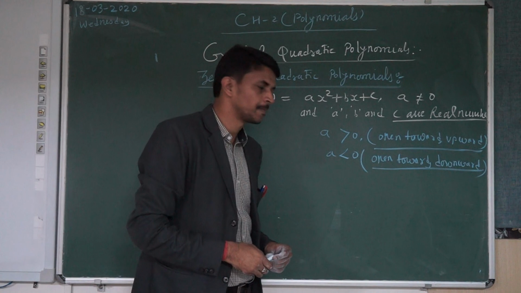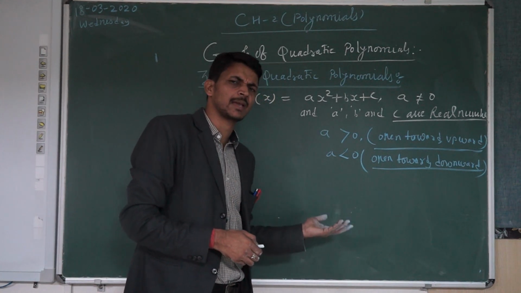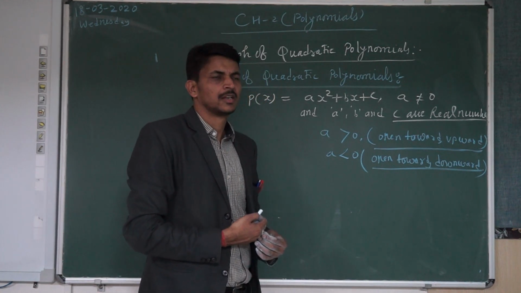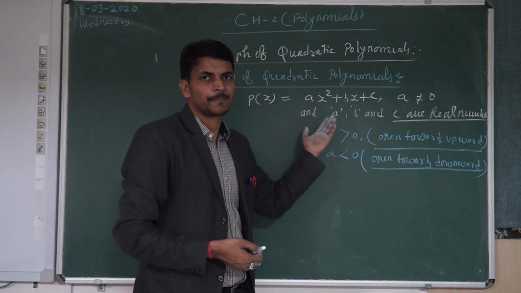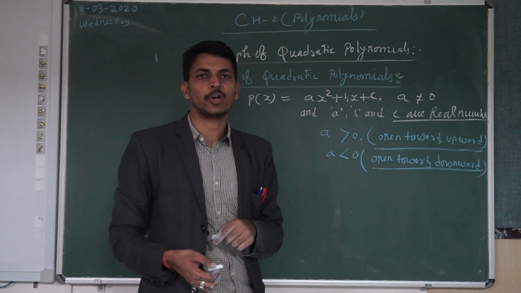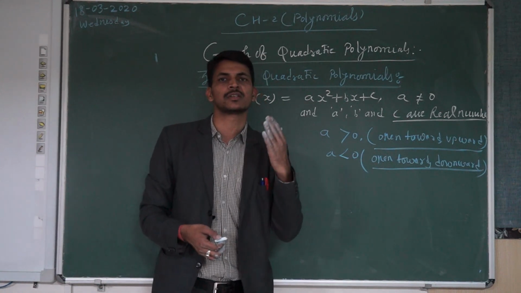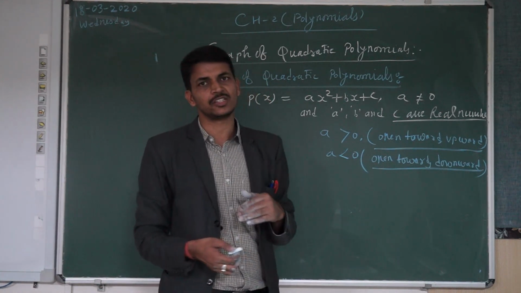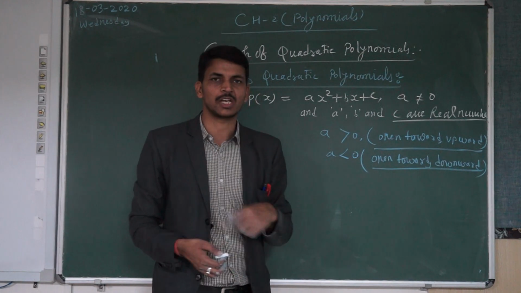Am I clear? So this thing we have to remember. Sometimes in boards also they have asked. It totally depends on a. If a is greater than 0, the graph of the quadratic polynomial will always open upward, and if a is less than 0, it will always open downward.